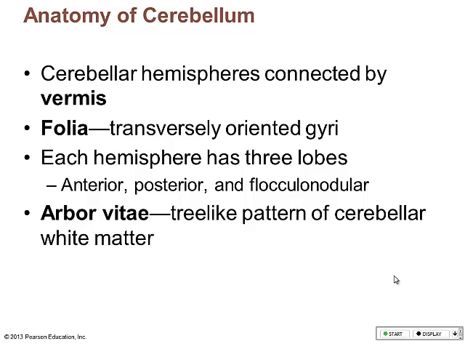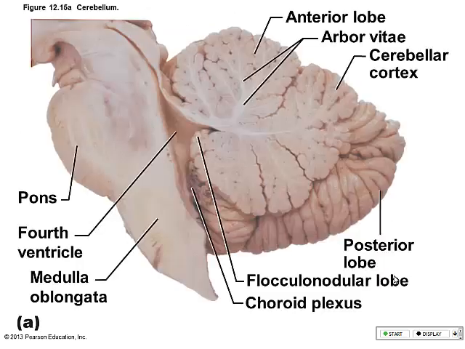3 different lobes, anterior, posterior, and one called the flocculonodular. And then it's separated into 2 hemispheres by something called the vermis. So see that little white tree-like structure? You can see it best on page 448 in your textbook.